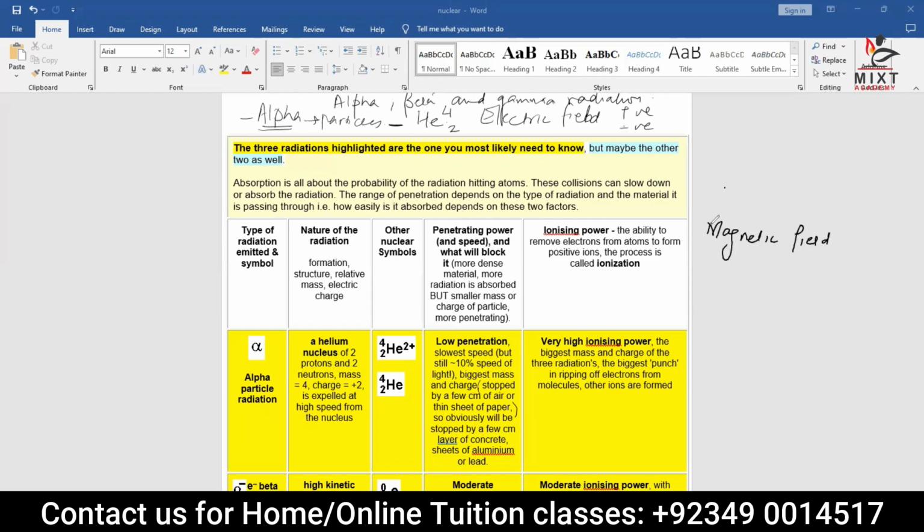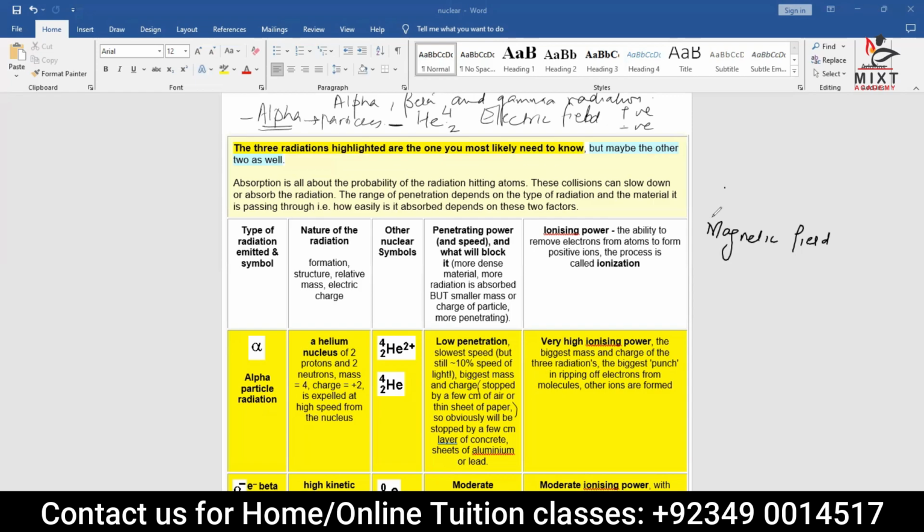So as they show deflection in the electric field, they turn towards the cathode. The same thing happens when they are in a magnetic field, because they have a positive charge. So they show their deflection in the magnetic field. But remember that whatever their deflection will be, it's totally reverse of the beta.